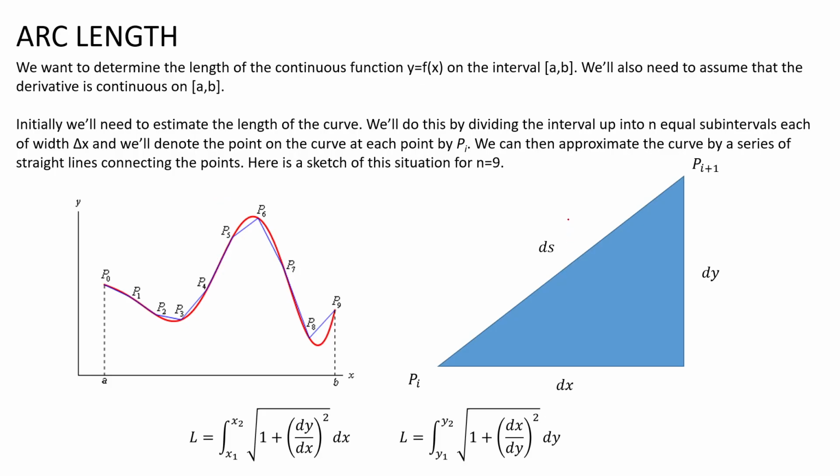So if you're going to analyze the formula for arc length, these are the formulas. One with respect to x, and the other one with respect to y. If you're going to ask me how these formulas are derived, for example, this is your line segment.